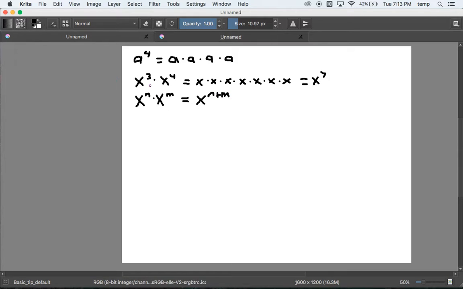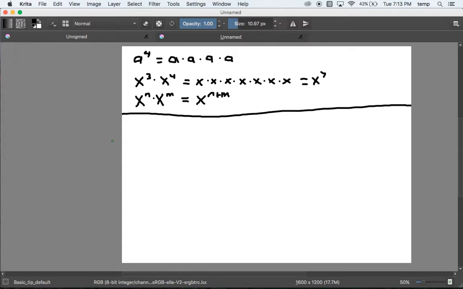So for this problem up here, all we had to do was see that we had the same base, and then we just had to add the exponents together. So 3 plus 4 gives us 7. So you keep the base the same, and your power is going to be your 2 powers added together, the sum of your 2 exponents. So that one's called the product rule.